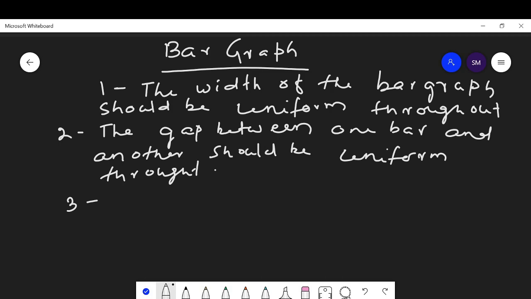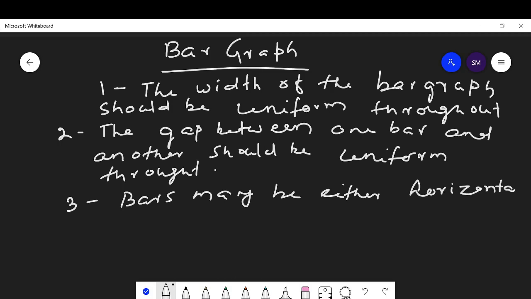The third point says bars may be either horizontal or vertical. But the vertical bar should be preferred, because we always prefer the vertical graph.